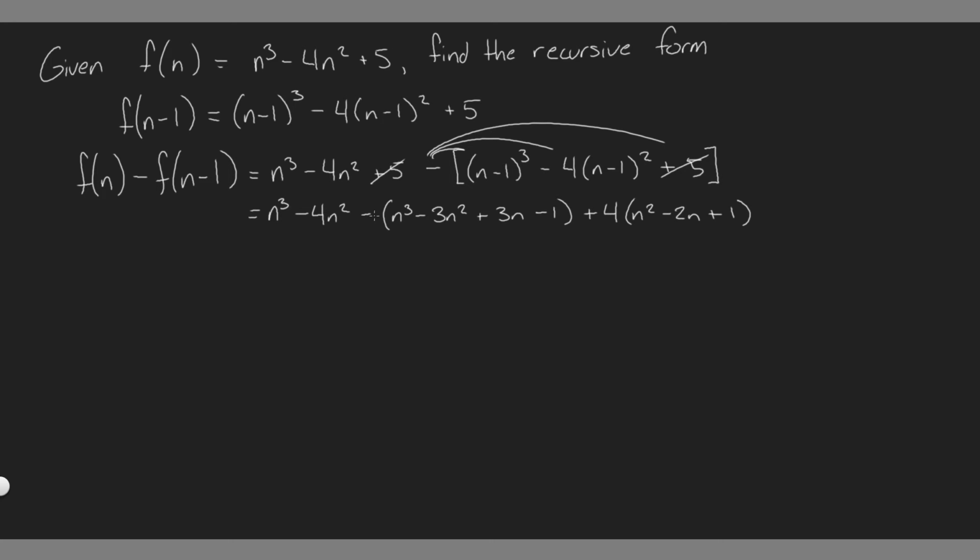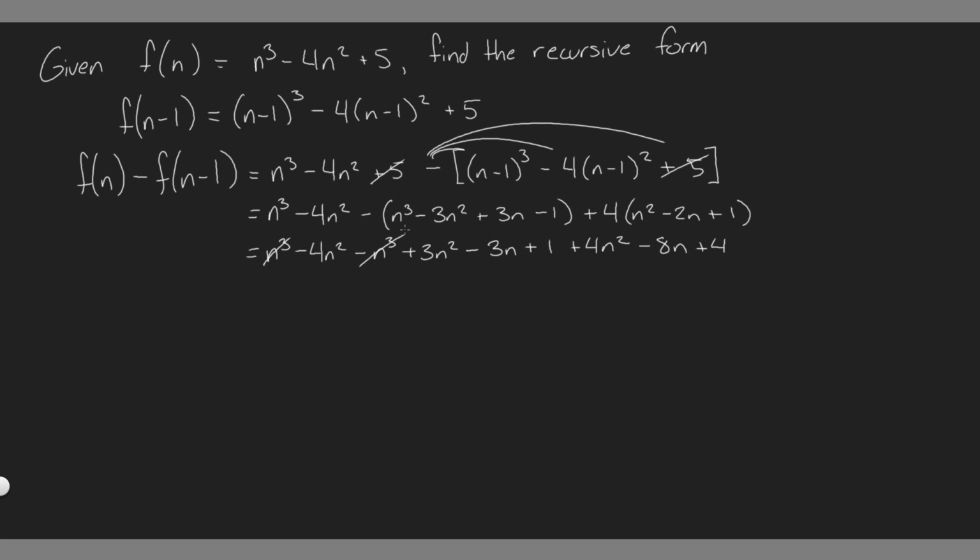So we'll go ahead and distribute out this minus sign here and take everything out of the parentheses and distribute out this 4 as well. So we end up with n cubed minus 4n squared minus n cubed plus 3n squared minus 3n plus 1 plus 4n squared minus 8n plus 4.